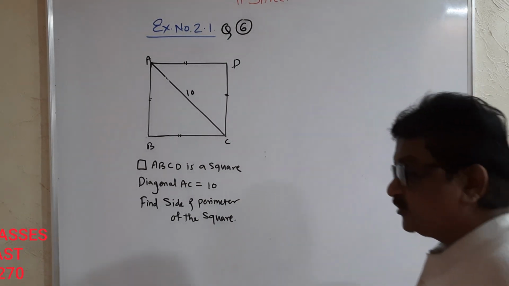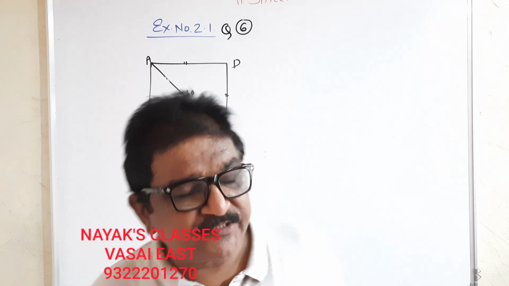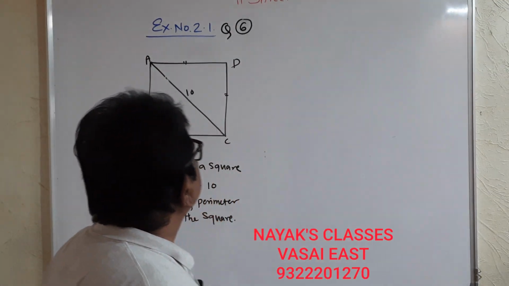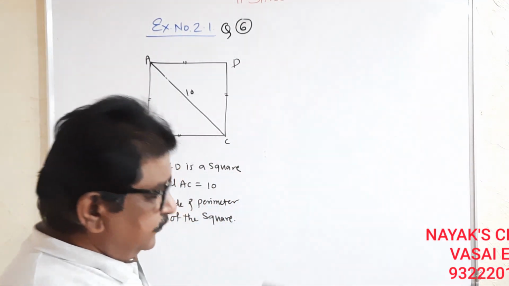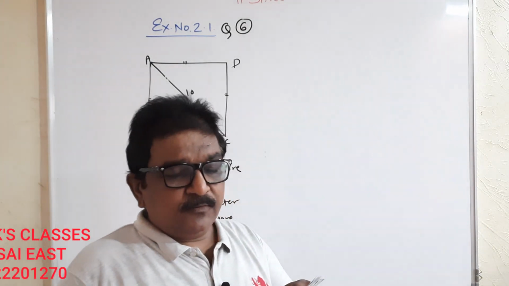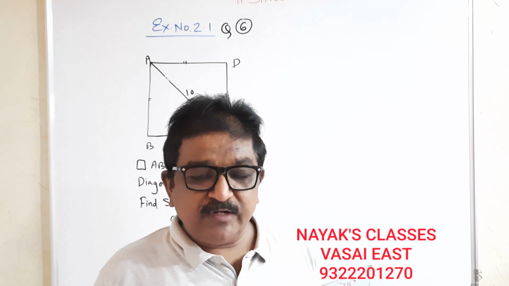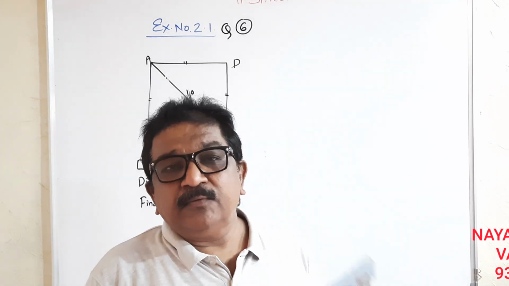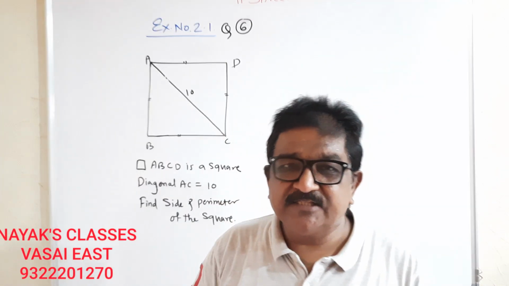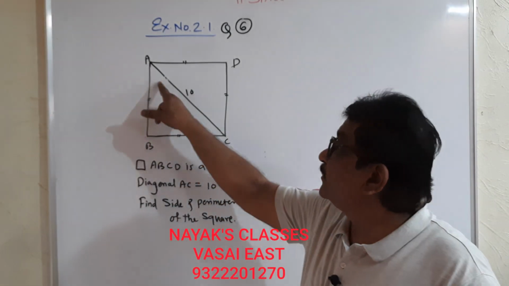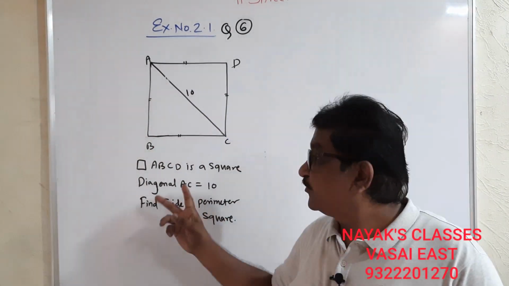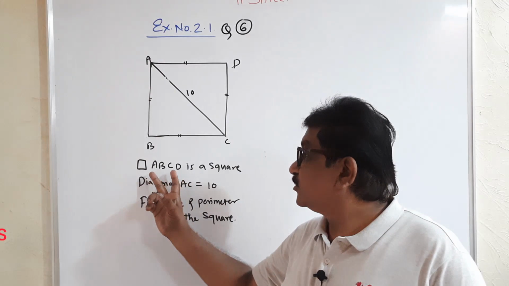This is the sixth example of exercise 2.1. They said find the side and perimeter of a square whose diagonal is 10 units. We have taken the square as ABCD. So what is given?